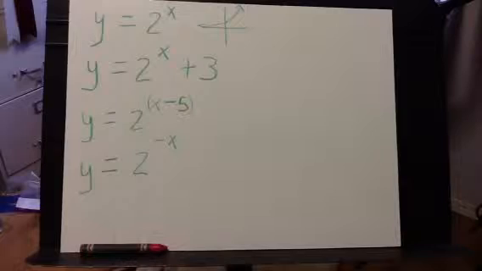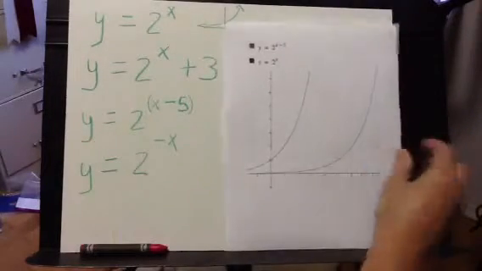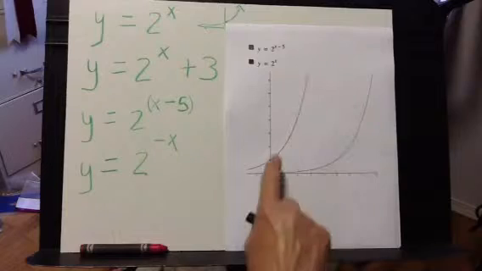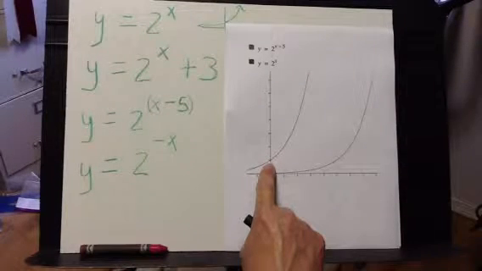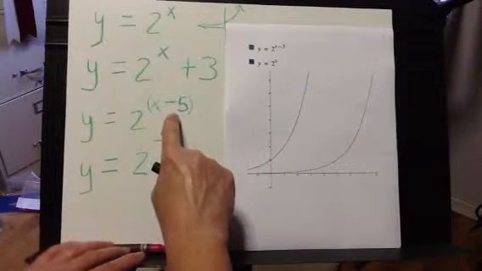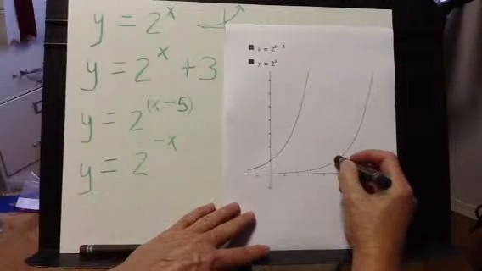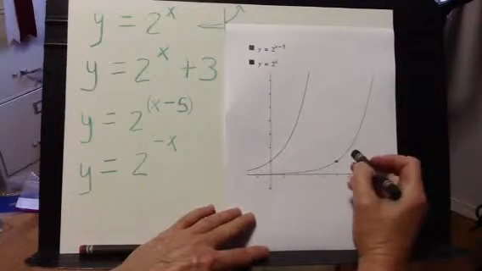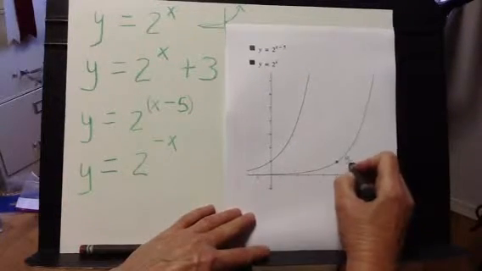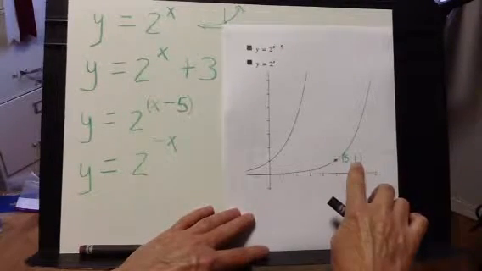So subtracting 5 means that our parent function is going to be moved to the right 5. So this is the parent function that goes through 0, 1, and this is the transformed function, translated 5 to the right. So this place, 5, 1, right there, is now on the graph. Right 5, and it is still up 1.